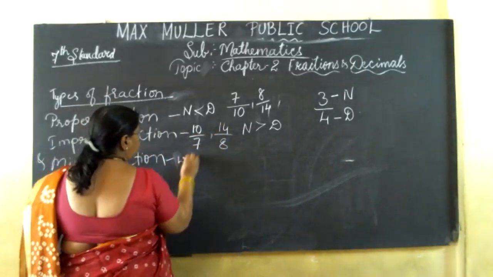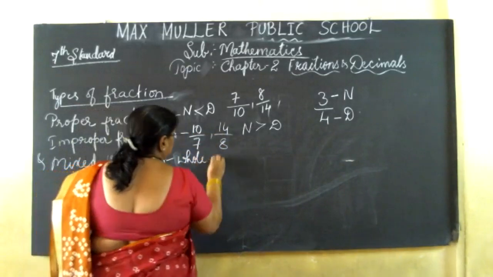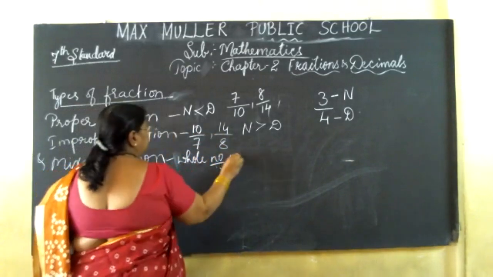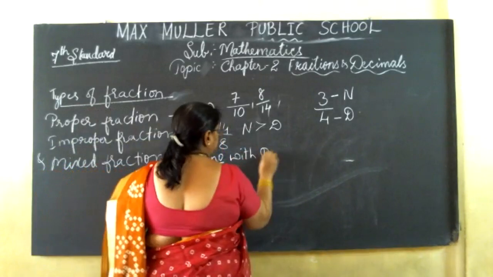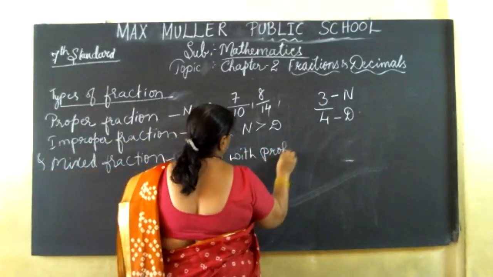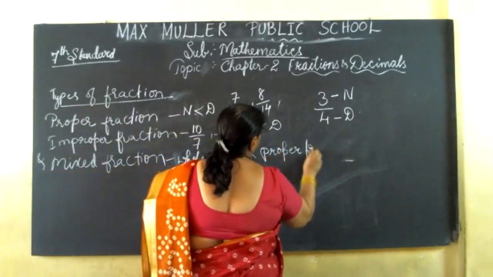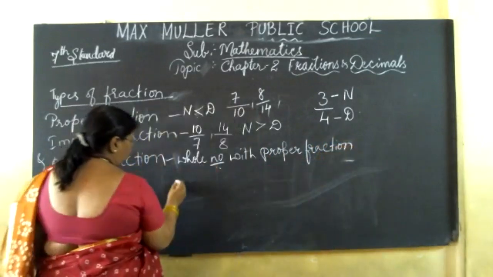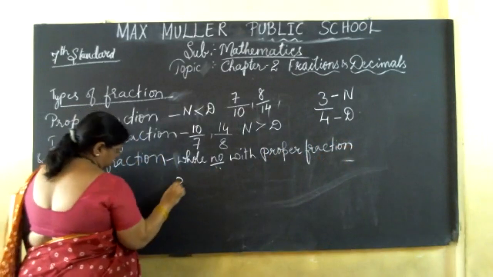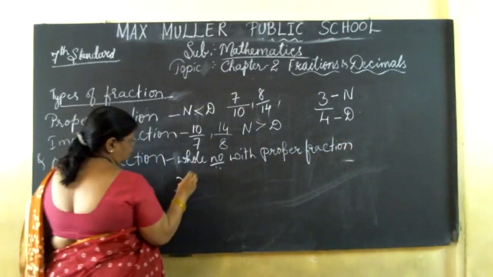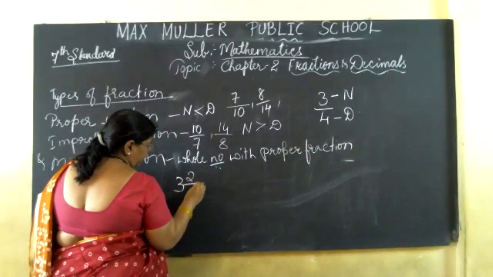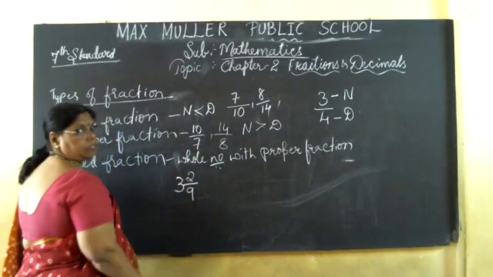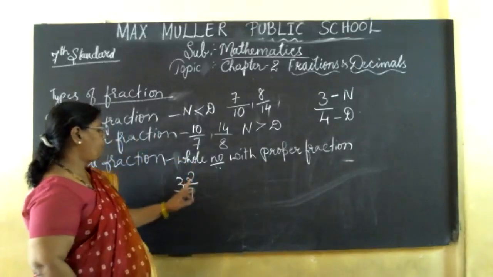So next is mixed fraction. Here a whole number with a proper fraction is a mixed fraction. The whole number is any number, say 3, with 2 by 9.